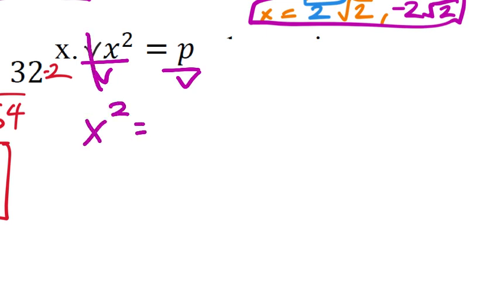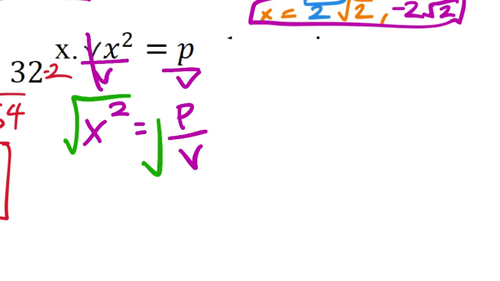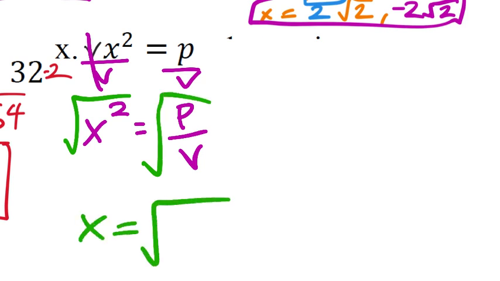Now we get x to the power of 2 equals p over v. But to solve this one, to get rid of that power of 2, we'd square root both sides. Okay, so that gives us x equals the square root of p over v. These don't really represent anything. P doesn't really mean anything, neither does x or v. It's just an abstract, general, literal equation which we've solved before, so you should remember how to solve these.